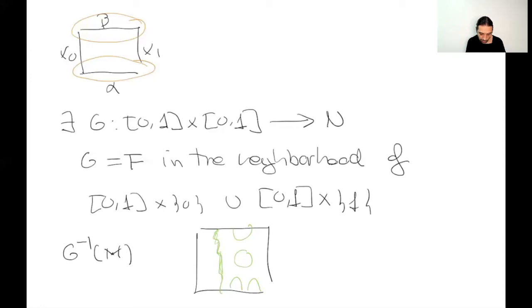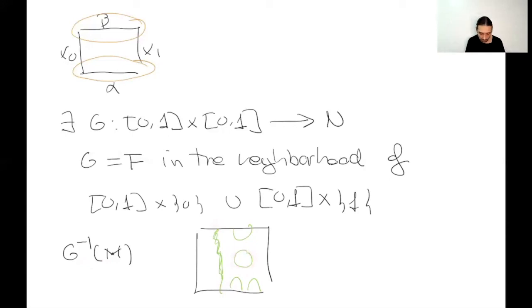If one of the connected components of this manifold intersects the boundary, then it intersects the boundary twice. It can be twice in one side or once in one side and once in the other side. And we can have components that don't intersect the boundary.